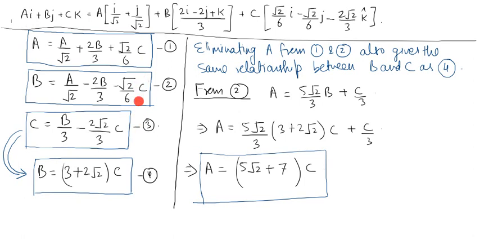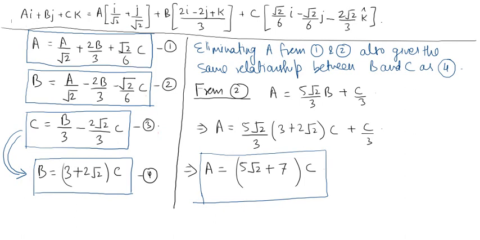In fact, this is equivalent to two equations because one equation is redundant here. One equation is nothing but a linear combination of the other two equations. The third equation, you can check it yourself, will be a linear combination of equation 1 and equation 2. So actually, I have two equations and three variables here.